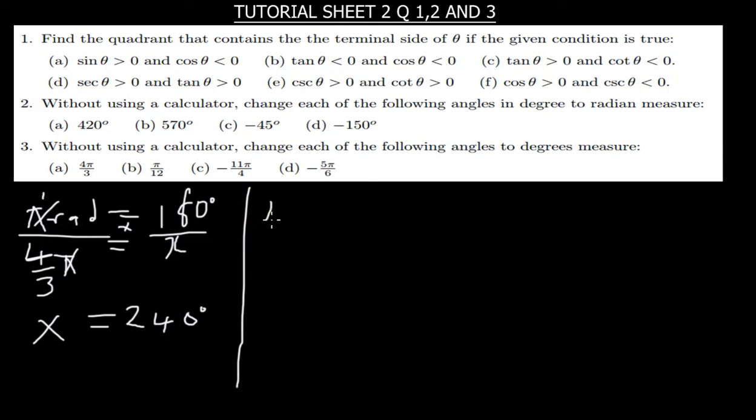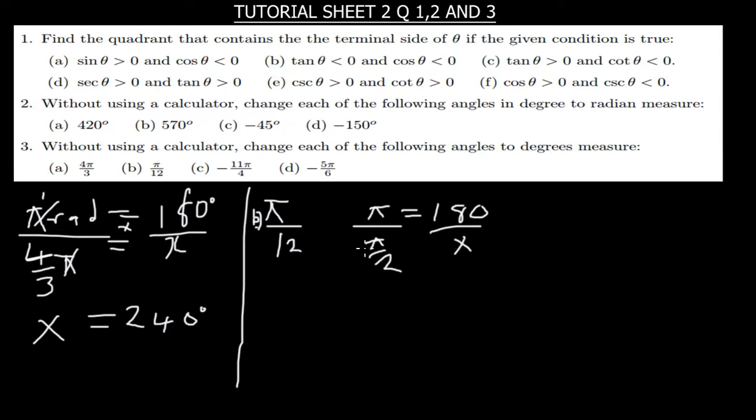Pi over 12. This is question B. The way you solve this again, you say pi is equal to 180. Then this side over pi over 12, this side over x.